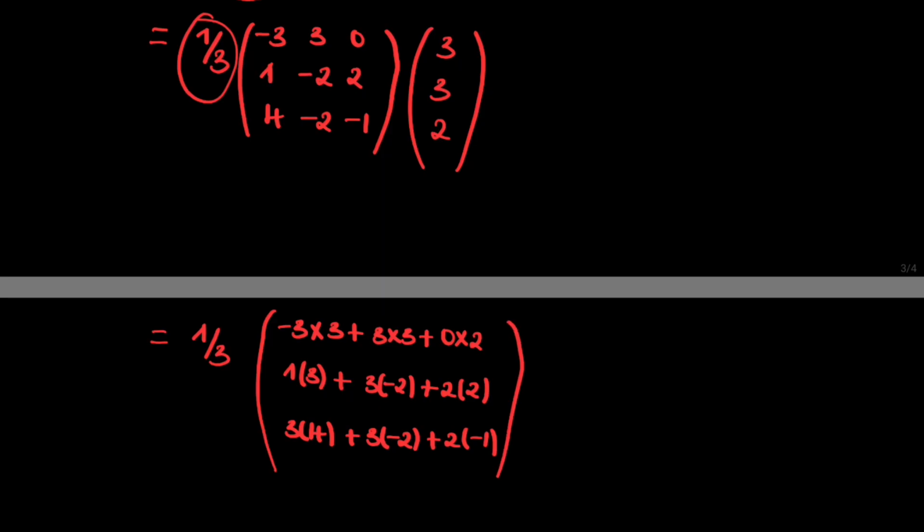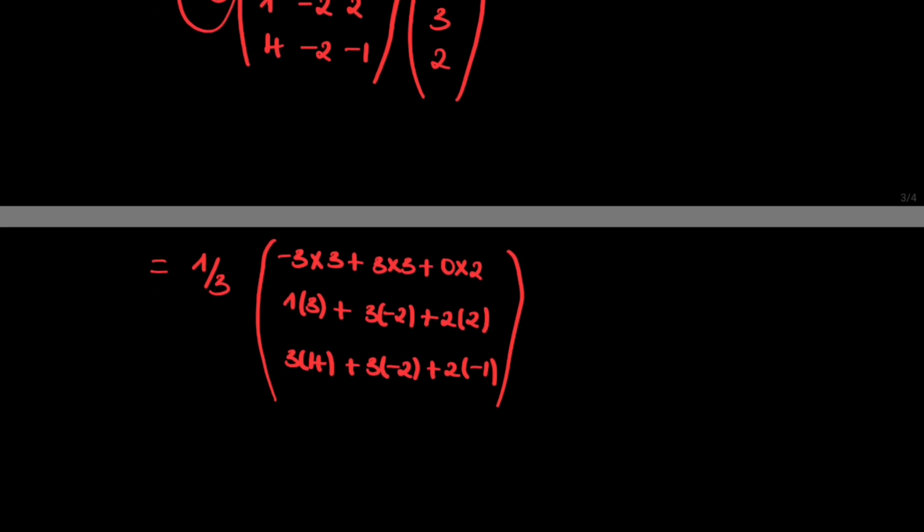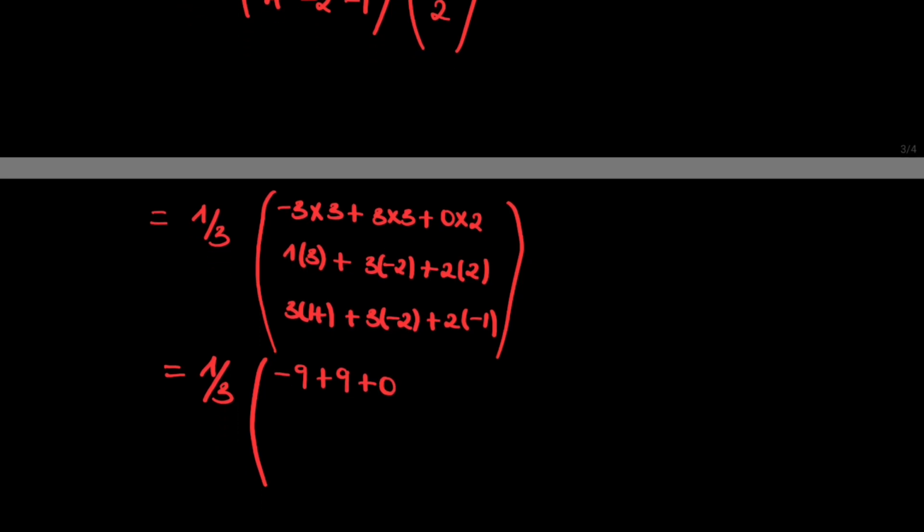And this is our 3 elements. So we have 1/3. Now we simplify this. Minus 3 times 3 is minus 9, plus 3 times 3, 9, plus 0 times 2 is 0. We have 1 times 3 is 3, plus 3 times minus 2, which is minus 6, plus 4. 3 times 4, 12, minus 6, minus 2.